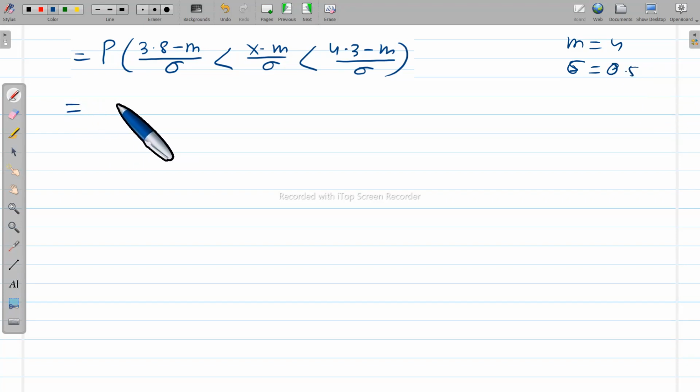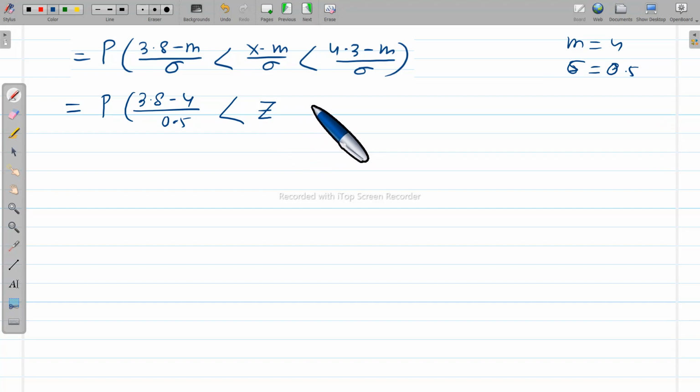Substitute here. It is coming probability 3.8 minus 4 by sigma, that is 0.5, and this portion you replace by z. This is your standard normal variable, and here 4.3 minus 4 by sigma, that is your 0.5.